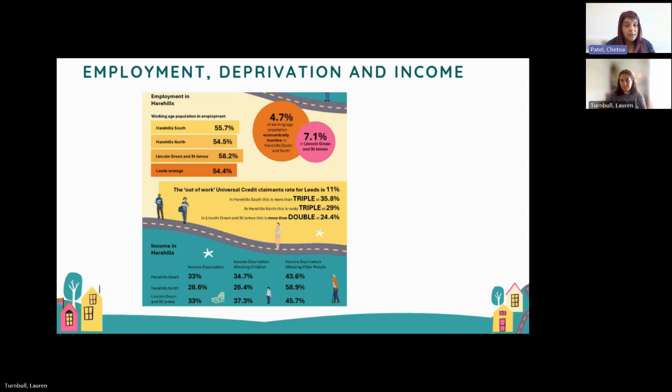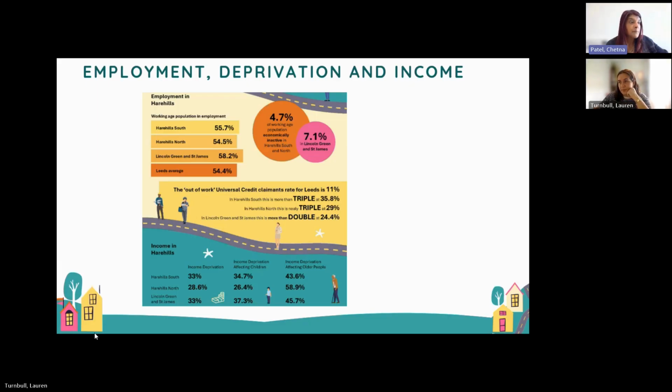You can see there the MSOA rates for claiming universal credit, and for Hare Hills South and North it is triple that compared to Leeds. We've also got income in terms of Hare Hills, and in terms of deprivation affecting children and older people, we've got a higher percentage affected in those MSOA areas.